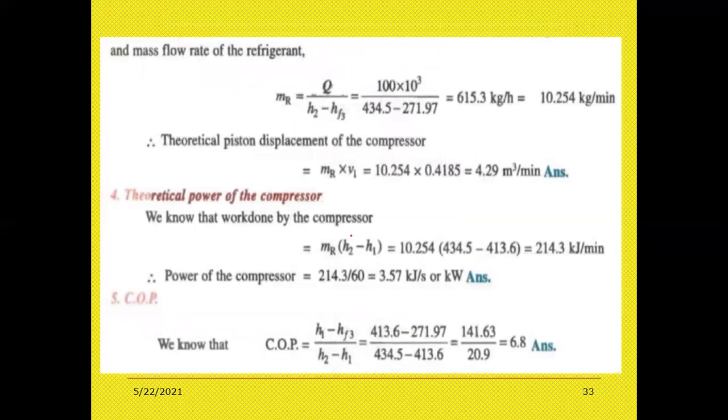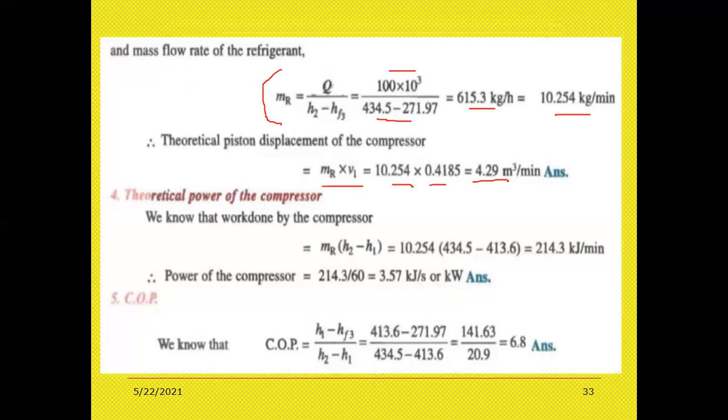The mass is equal to Q by H2 minus HF3 (the refrigerating effect), that is equal to 100 into 10 to the power of 3 divided by 434.5 minus 271. Substituting, converting into minutes, we get 10.254. Therefore the theoretical piston displacement of the compressor is equal to m into V1, 10.254 into 0.41, that is equal to 4.29.